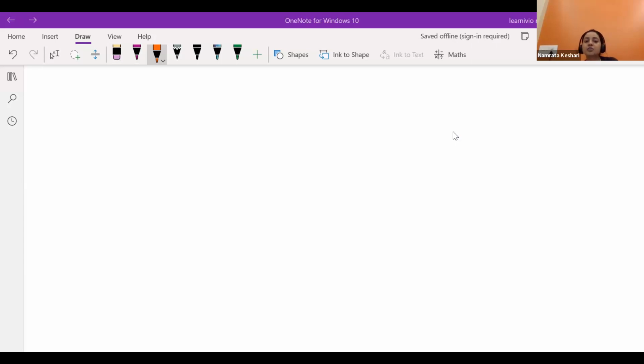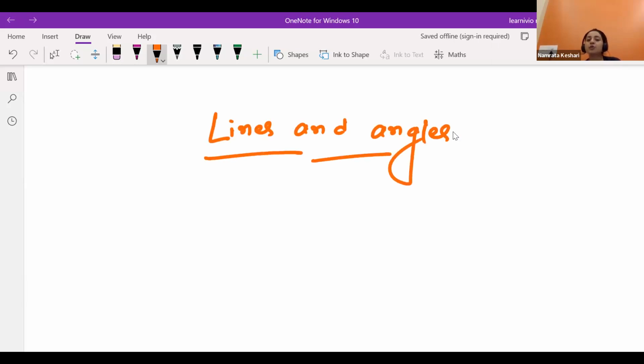Okay, so lines and angles. This chapter is very, very, very important if you want to understand the next few chapters, triangle, quadrilateral. All are just interlinked with each other.